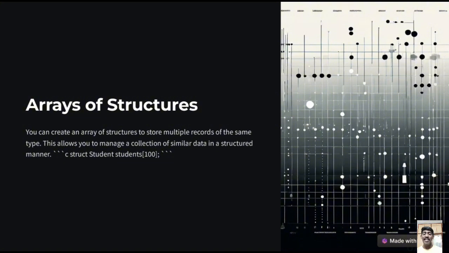The two structure definitions are student and employee, and we have given an example also. One is student, and the other is employee, where the int is the employee ID and float marks becomes float salary in the employee structure. Those are the operations of structures.